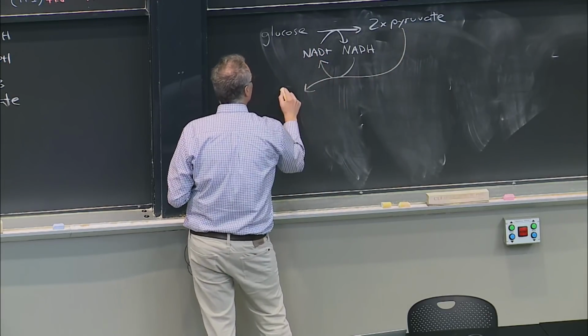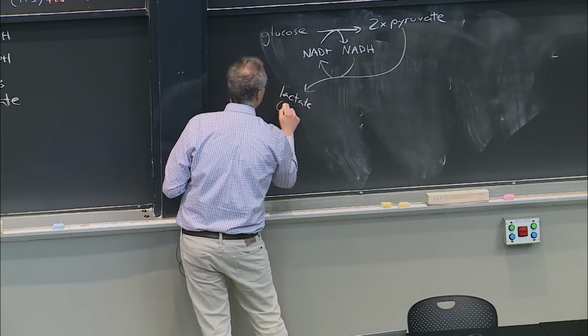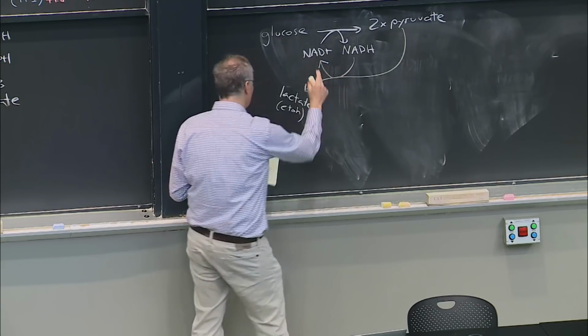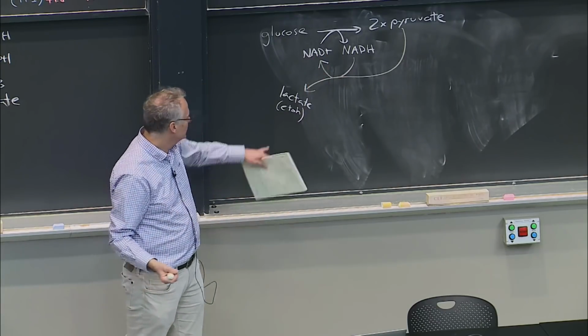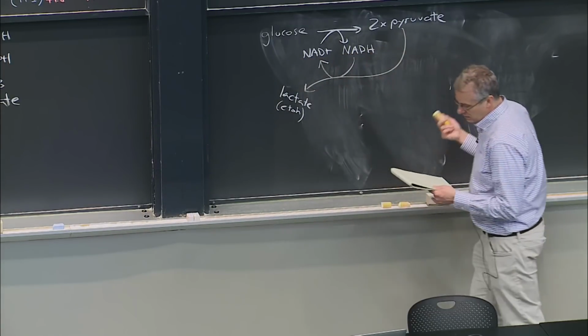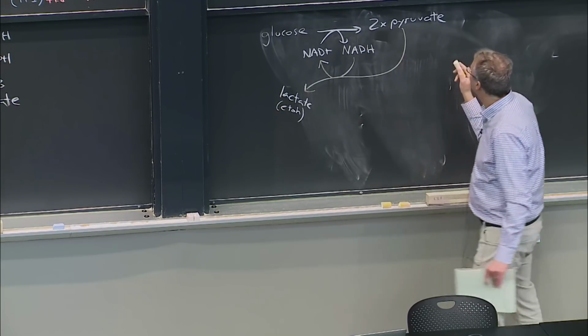In the absence of oxygen, you can ferment that pyruvate into lactate or alcohol or some other product that allows you to regenerate NAD+. This is a pathway that requires no oxygen.